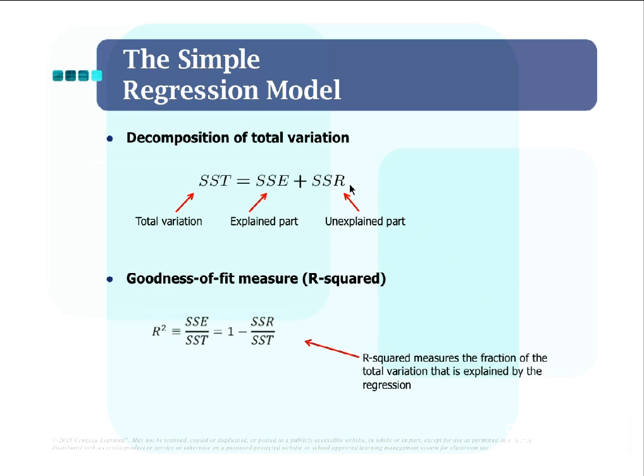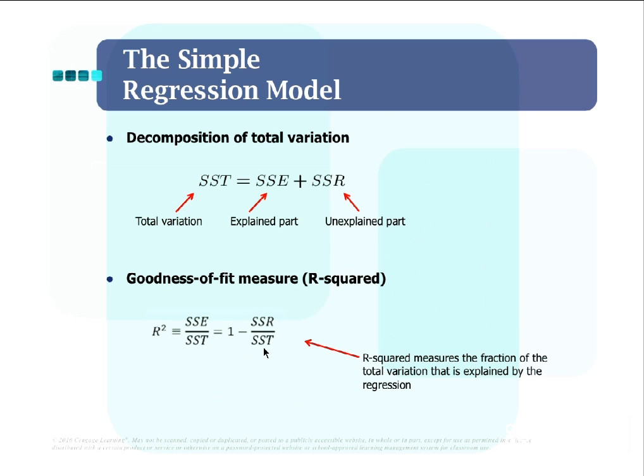And the goodness of fit measure, R squared, equals the explained sum of squares divided by the total sum of squares, or also equals 1 minus the residual sum of squares divided by the total sum of squares.